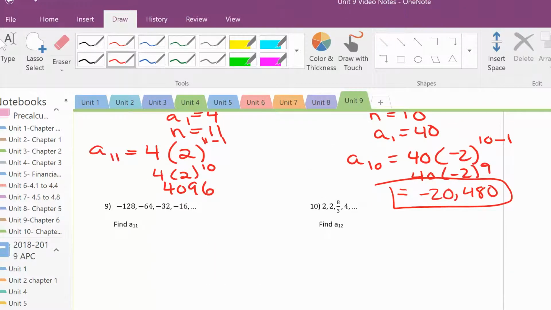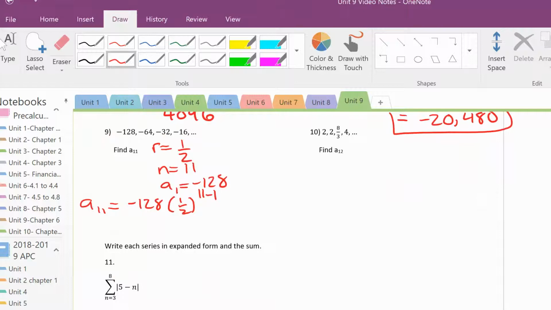So let's look at the next ones. So for example here, you're going to multiply by 1/2, because this is half of that. So the n is 11, and the first term is -128. So the 11th term is -128 times 1/2 to the 11 minus 1. So it's -128 times 1/2 to the 10th.